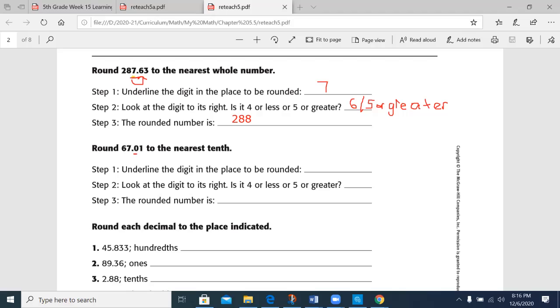So the 0 is going to be what's underlined. The number to the right is a 1. 1 is, in fact, 4 or less. So the new rounded number would just be 67.0.